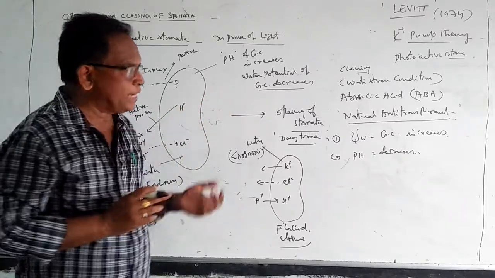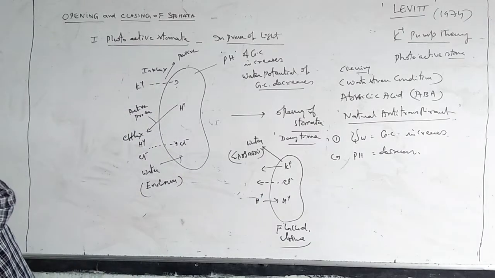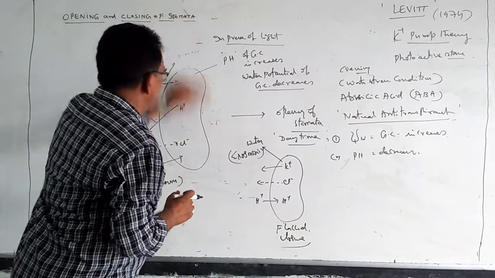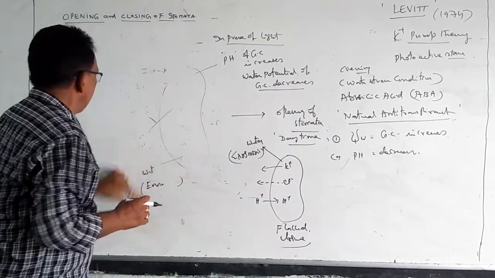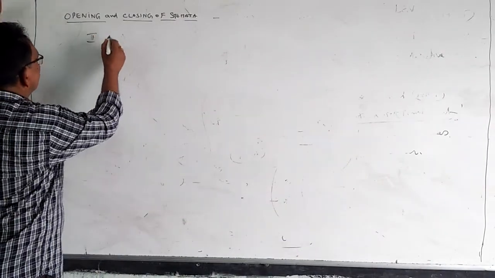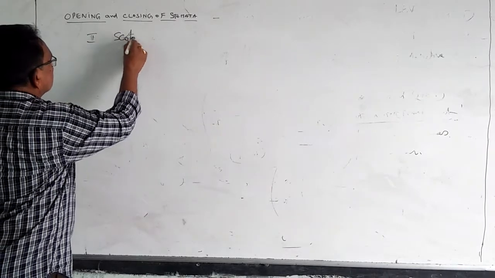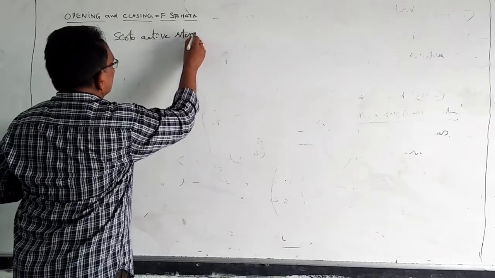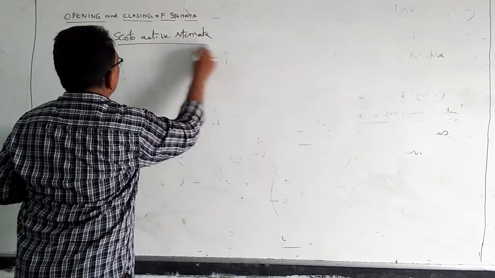But there are some plants with the second type, scotoactive stomata.